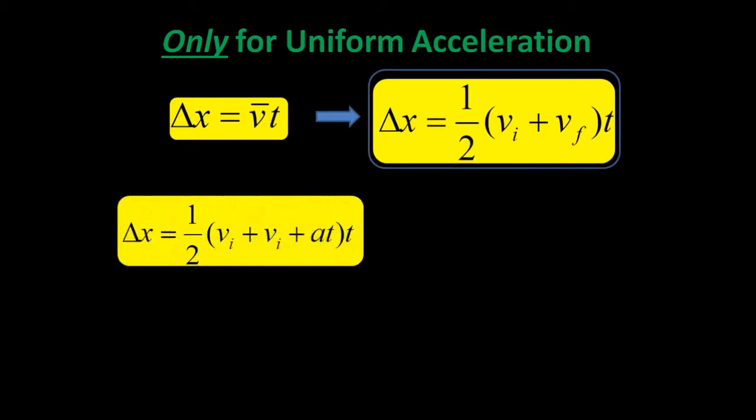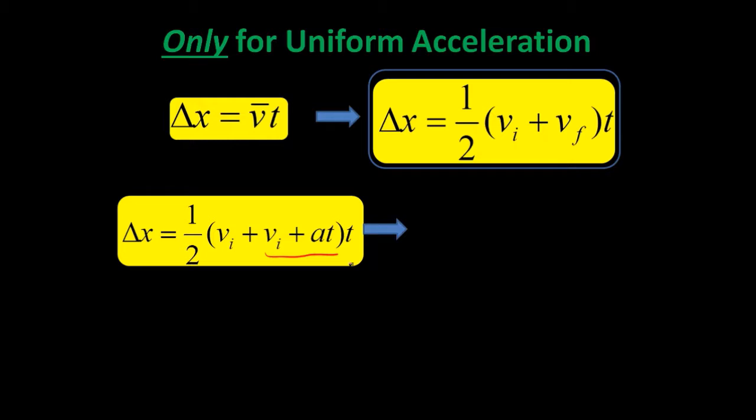But we can go further than that. Since final velocity is initial velocity plus acceleration times time, you can see that right here. That's final velocity. Then we can replace the expression that we just learned with this new one. And that means that if we simplify it by distributing the 1/2 and distributing the t, well, vi plus vi is 2vi, multiplied by 1/2 is just vi times t.